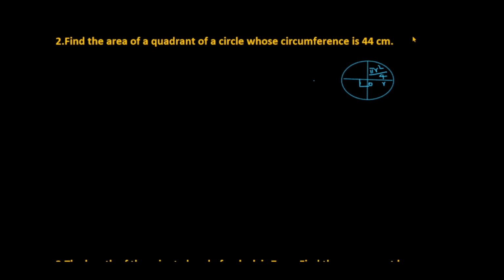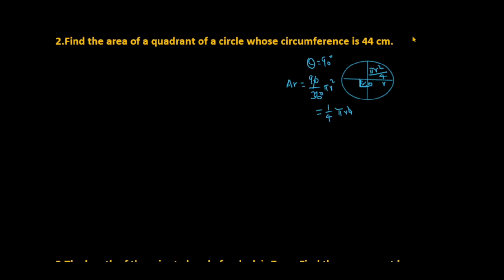Now the angle at O in each quadrant is 90 degree. So if we are taking quadrant angle 90 degree, then also we are getting area of that quadrant, that sector, is nothing but 90 by 360 pi r squared. So cancelling this, we will get 1/4 of pi r squared. So that is the area of the quadrant.